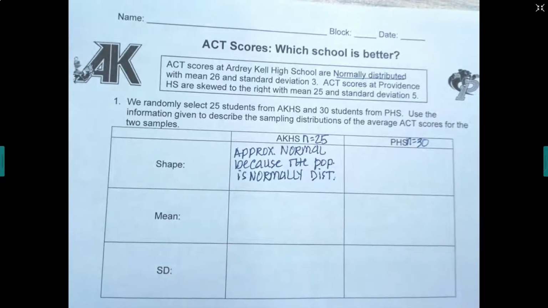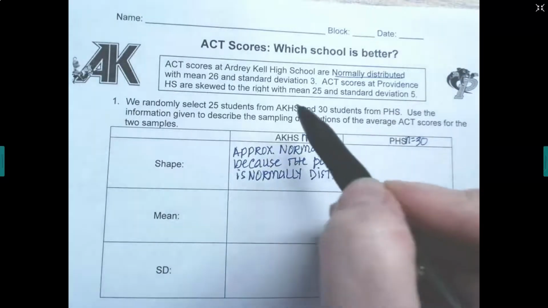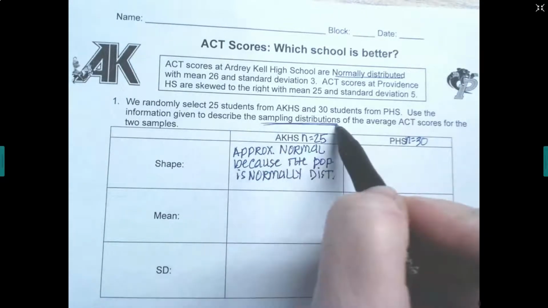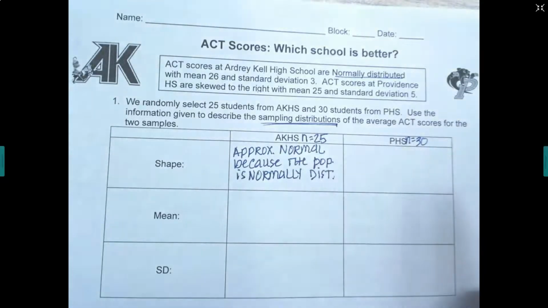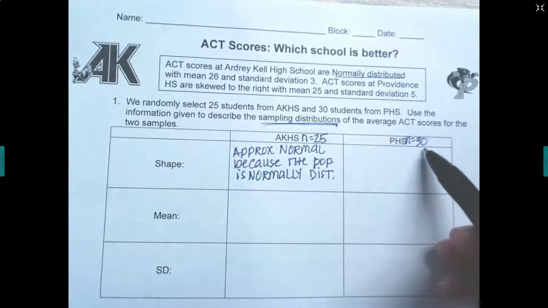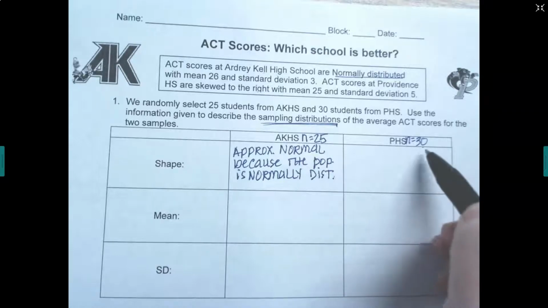Okay, now let's look at the shape for Providence High School. It says Providence High School is skewed to the right, but here we're talking about the sampling distributions, not the population. Well, it's skewed to the right, but if we look, their sample size is 30. And remember when we talked about the central limit theorem, that if you had a sample size of at least 30, your distribution would be approximately normal.